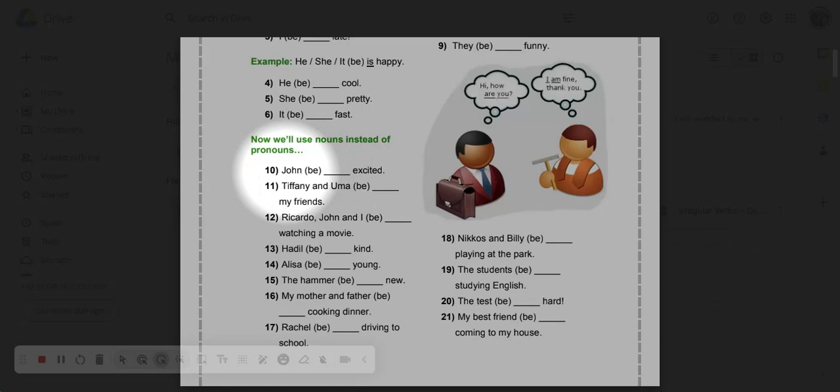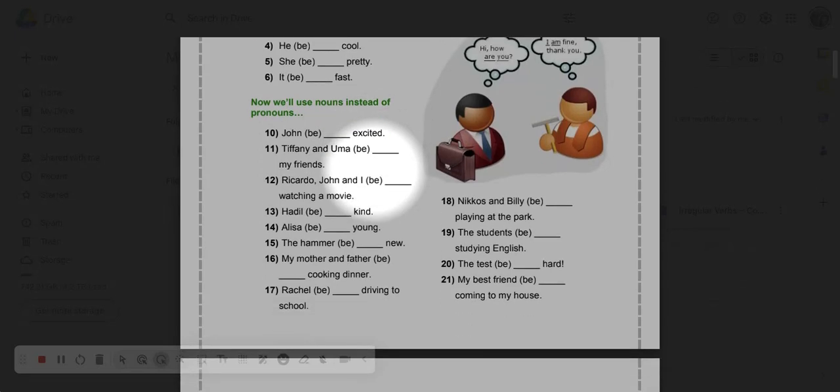I know he is excited. She is excited. So if I can say John is excited, he is excited, then I'm checking myself to make sure I'm correct. I don't know if this is something that's taught or if it's something that I just do for myself as a check.